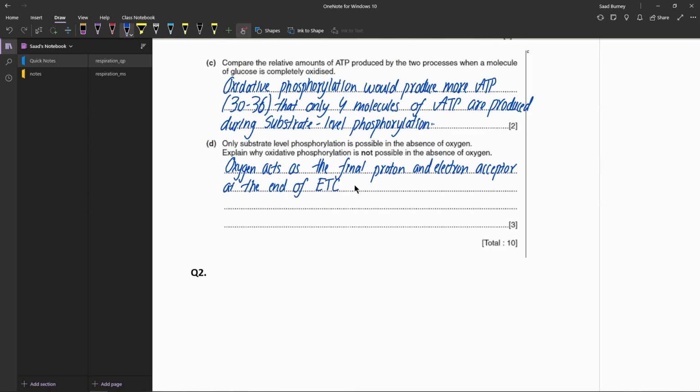You can just write it as ETC. The examiner completely accepts it. At the end of electron transfer chain.